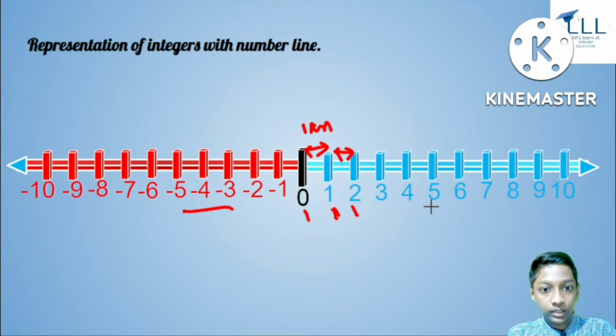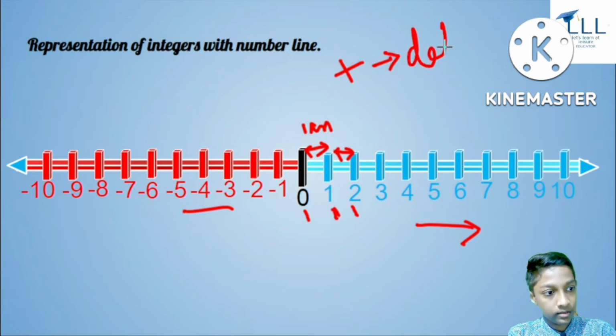Positive numbers are written to the right side of 0 on a number line. And positive numbers are not prefixed with any sign, but a positive number also has a sign, that is plus. Plus is not prefixed because the plus, that is the positive sign, is also known as the default sign.